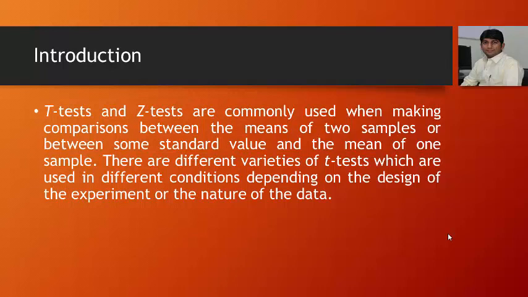In simple words, when we want to know the similarity or the difference between the two groups, either these groups are related or unrelated, in such scenarios we use the t-test or the z-test.